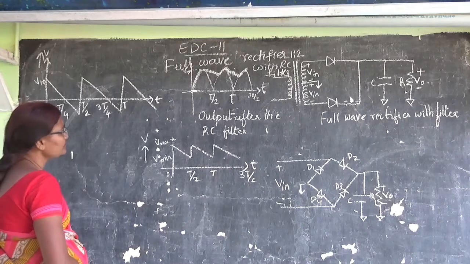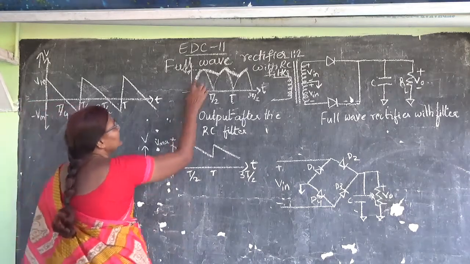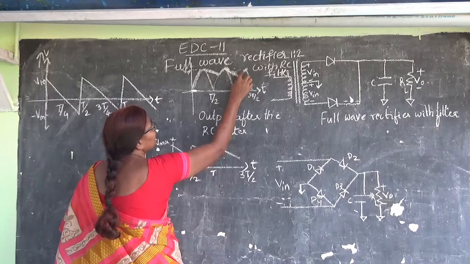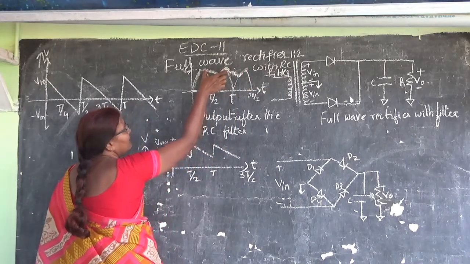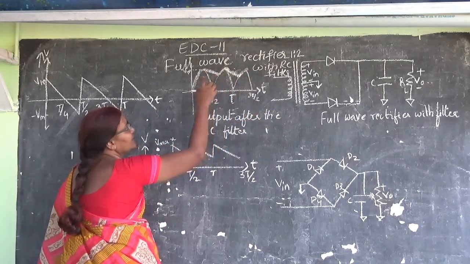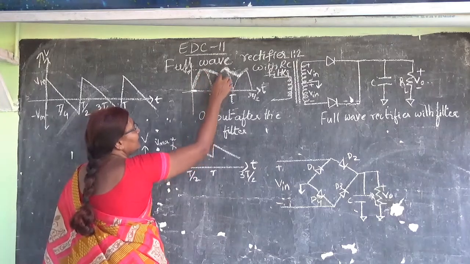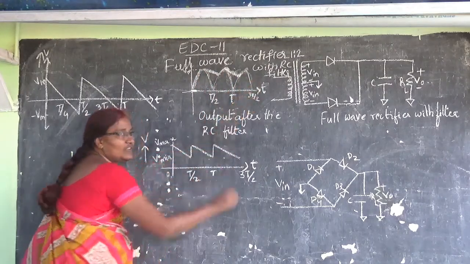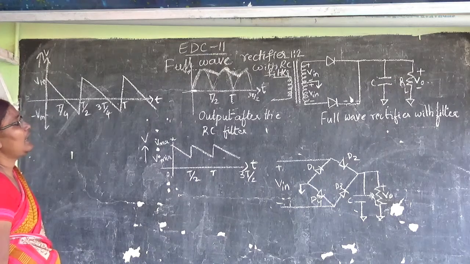And we know that this solid line is the line which will appear when filter is connected. If filter is not connected, only this type of waveform will appear at the output.